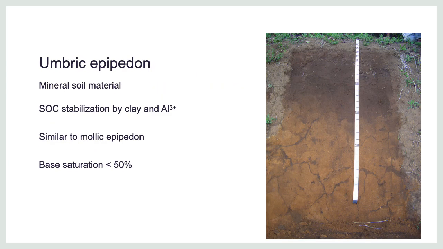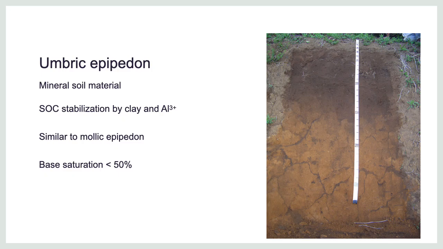Let's see now the Umbric pattern. The Umbric pattern is a mineral soil material too, so the organic carbon content is less than 12%, okay? And the organic carbon, in this specific case, will be stabilized by clays and aluminum. I love to compare the Mollic and the Umbric patterns because they are opposite sides of the same thing.